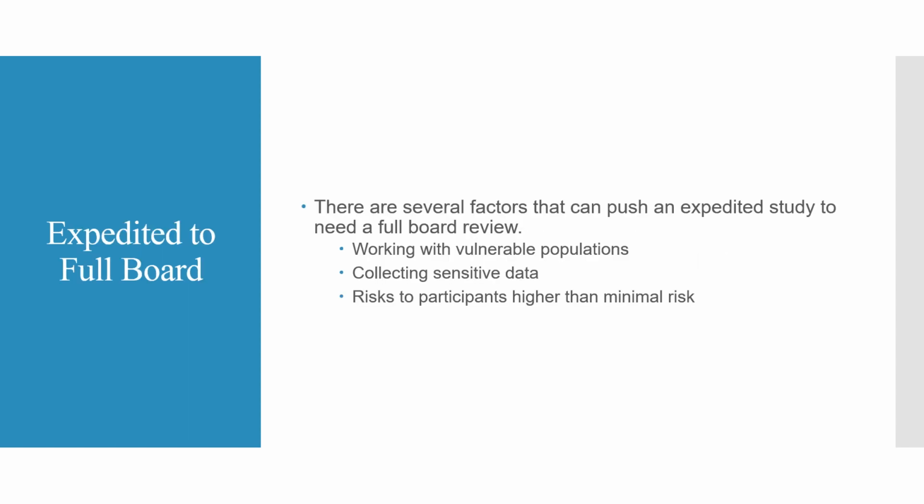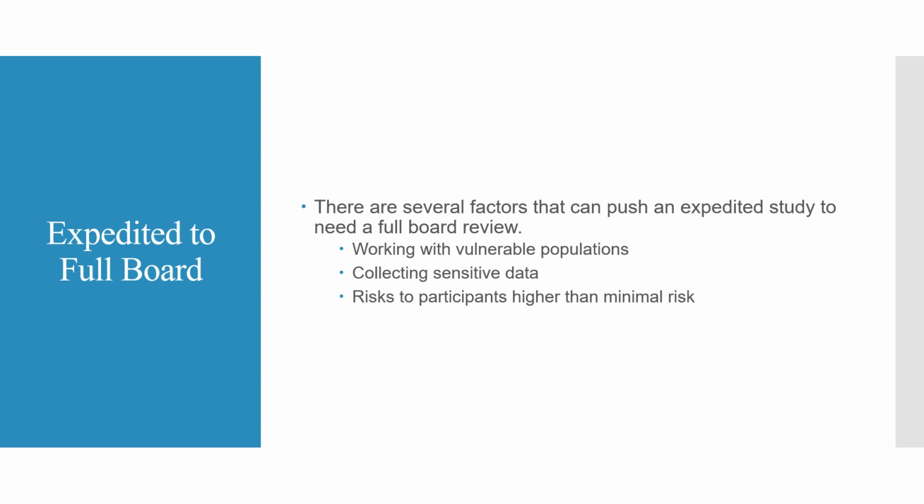Something to be aware of when you're applying for an expedited study is that there's several factors that can make your expedited study get bumped up to a full board review. And really it all boils down to that minimal risk. Remember, expedited studies have to be no greater than minimal risk. So if you throw variables into your study that would cause it to go above that risk, that's when we're going to be having to do a full board review. So let's use our previous example to help us understand. Let's say you are doing a follow-up study on a drug that's been approved for use in adults, but you want to see how it works in children.